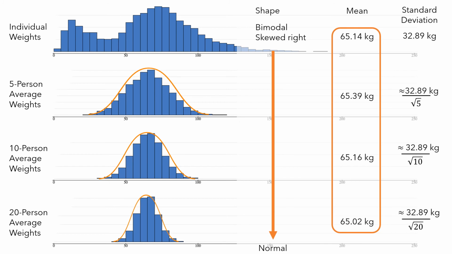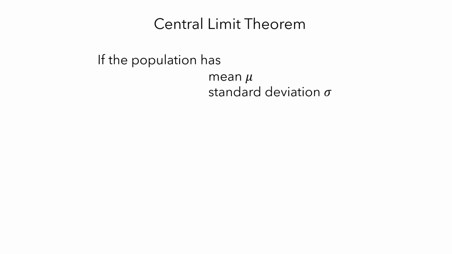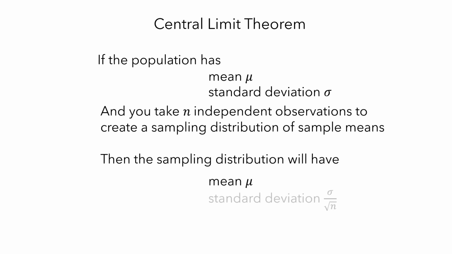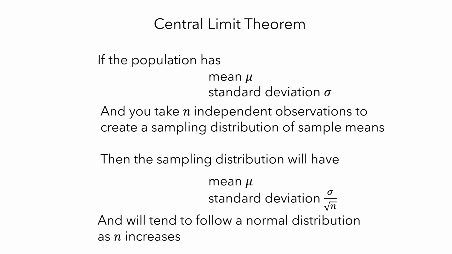And there is an underlying theoretical reason for this pattern. The central limit theorem states that if a population has a mean of mu and a standard deviation of sigma, and you take n independent observations to create a sampling distribution of sample means, then the sampling distribution will have a mean of mu, a standard deviation of sigma divided by the square root of n, and will tend to follow a normal distribution as n increases.